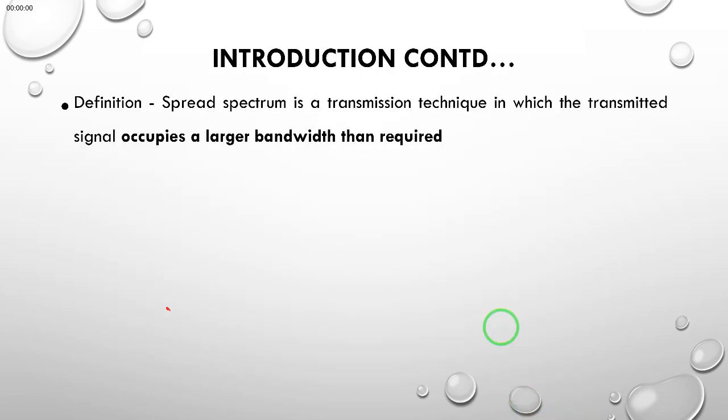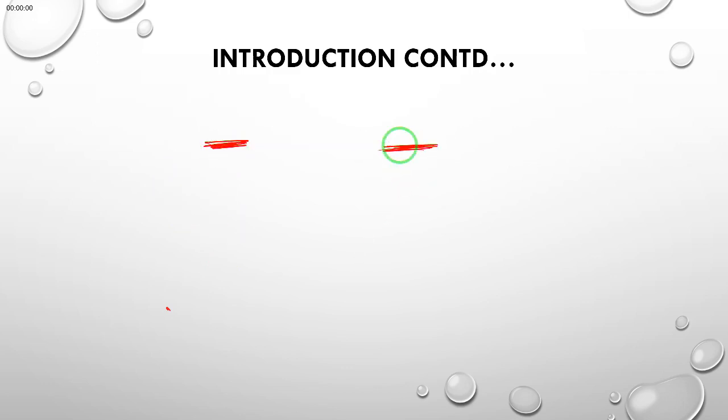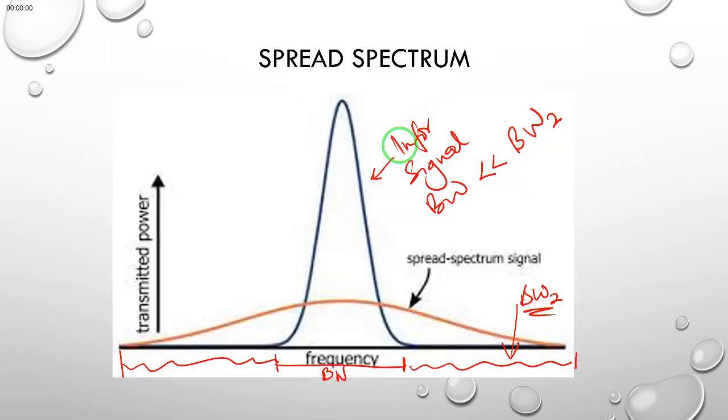By definition, spread spectrum is a transmission technique in which the transmitted signal occupies a larger bandwidth. The keyword is larger bandwidth than is required. As we have seen in this diagram, BW1 is the minimum bandwidth required for transmission of this signal.